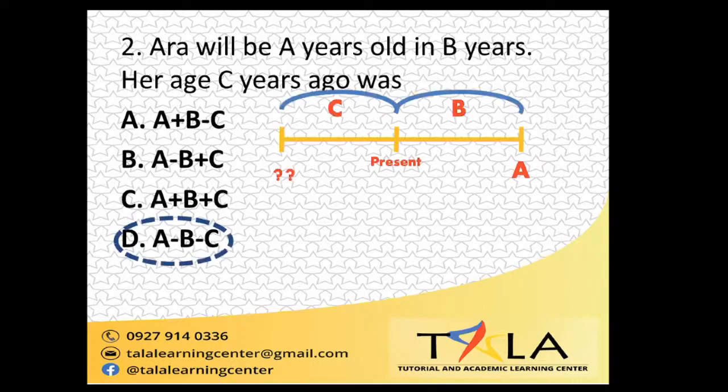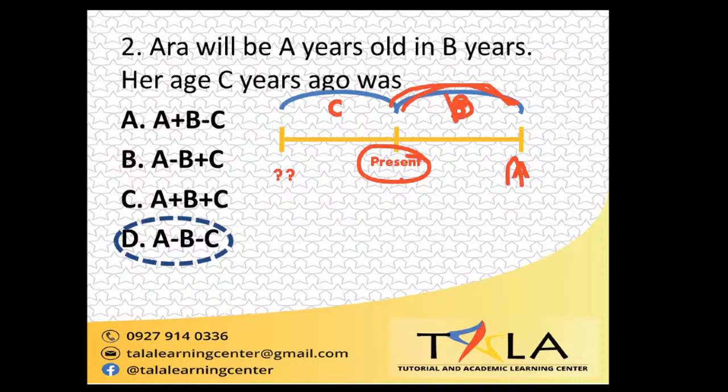So, let's illustrate things. Let's say this is the present, sa gitna, syempre. And then sabi, Ada will be A years old B years from now, or in B years. So, ibig sabihin, sa susunod na B years, ano nang edad niya? A. Okay?